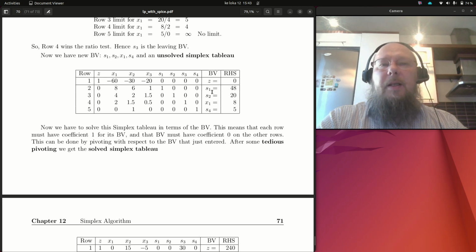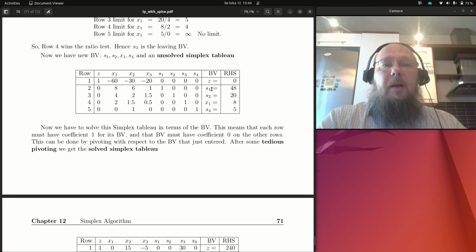So the idea is that these variables S1, S2, x1 and S4 are the unknowns, and the rest of them, so in this case x2, x3 and S3, will be zeros, and then we solve the system in terms of these. So what does it mean that we solve them in terms of these?